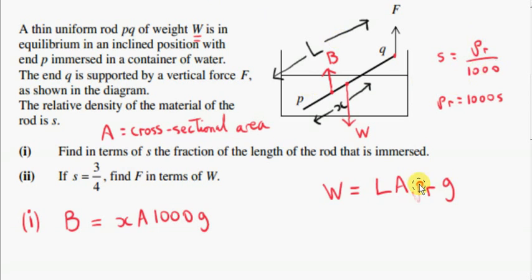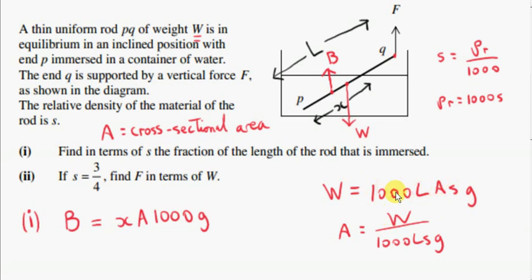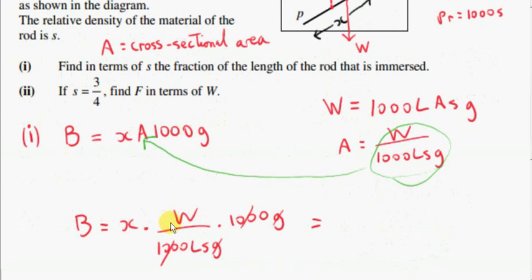So we can replace rho r here with 1000 S. So I'll write this as 1000 L A S G. So we rearrange to make A the subject of this, and we take this quantity here and plug it in for A over here, and that way we can get B in terms of W. So after the cancelling, we get XW over L times S.